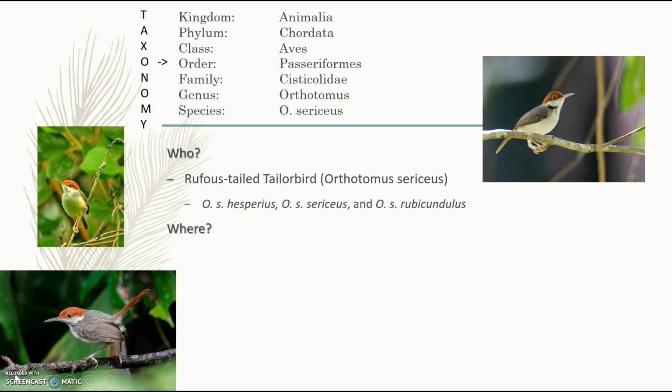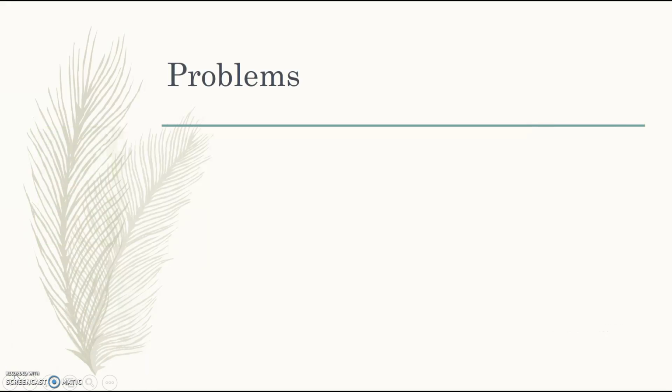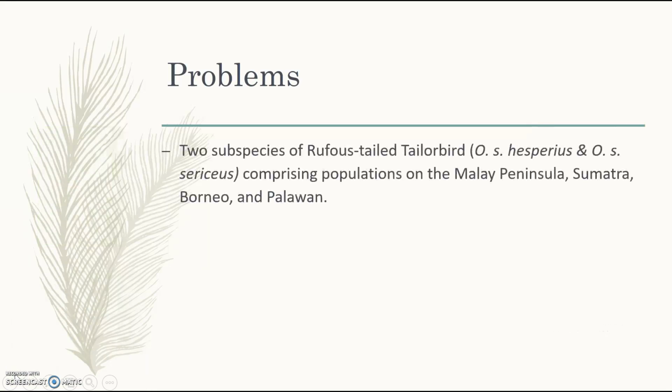So where is this species found? They are found in Western Sundaland, Natuna Islands, Borneo, Palawan, and smaller islands of the Sunda continental shelf east of Borneo. So the problems found in this article are the 2 subspecies of Rufous-tailed Tailorbird, O.s. hesperius and O.s. sericius, comprising populations on the Malay Peninsula, Sumatra, Borneo, and Palawan.